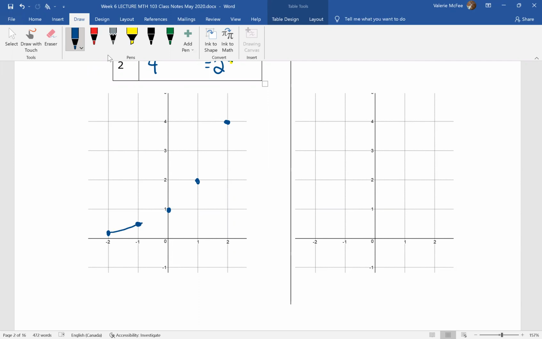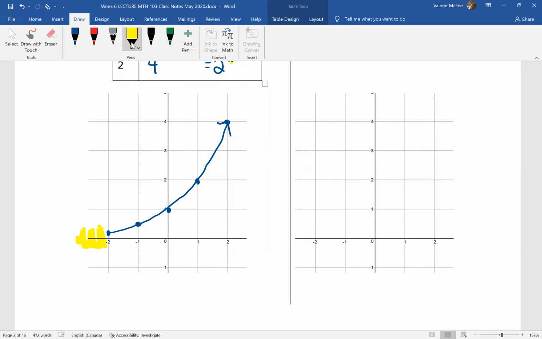We can, of course, connect these. And I hope you realize that as x gets bigger, x equals 3, we would go to 8, x equals 4 to 16. So we know that it's heading up towards positive infinity on the y-axis as x approaches positive infinity. But we want to know what happens over here. Does our graph ever reach the x-intercept?